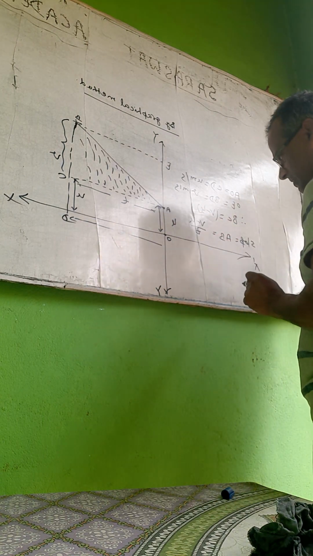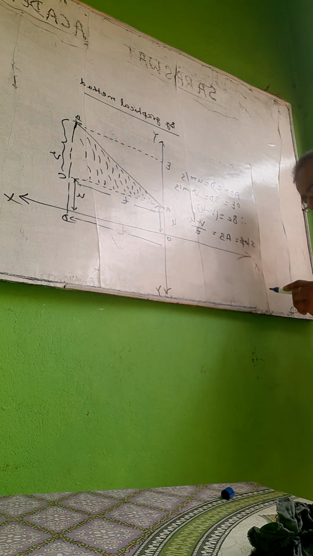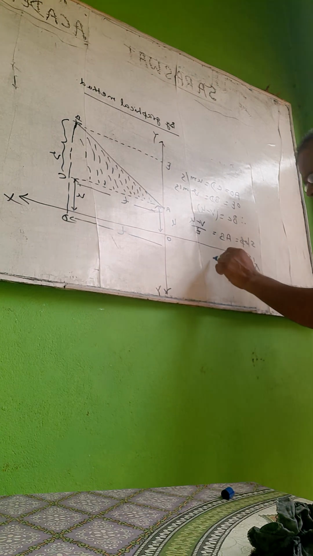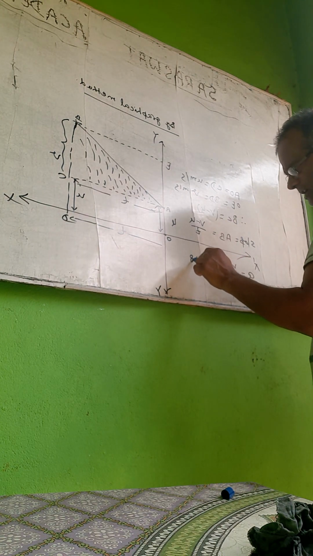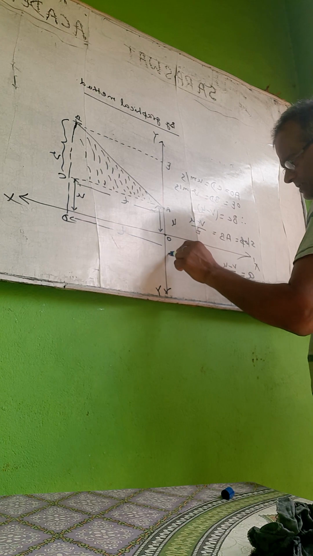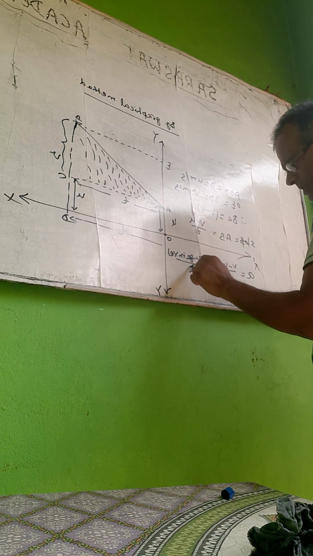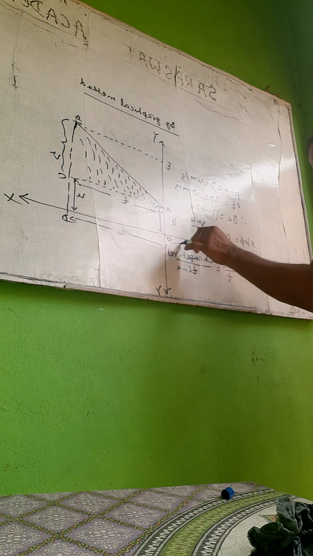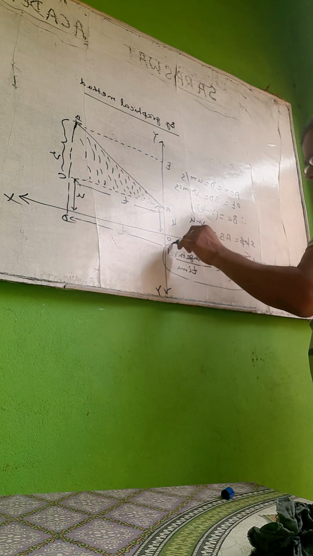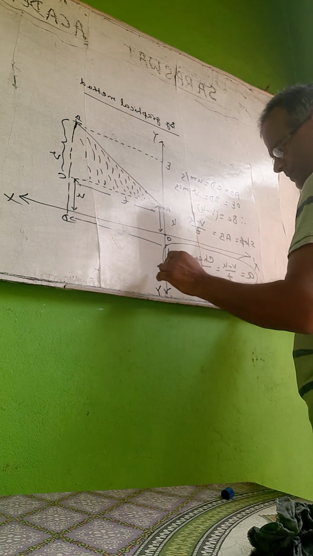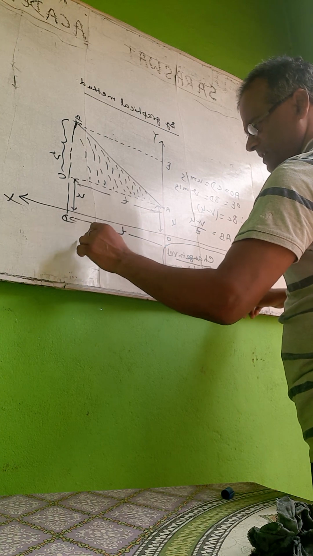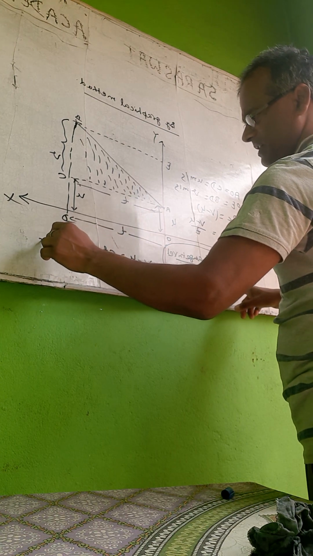But we also know a equal to v minus u by t. This is the change in velocity by time. After multiplying, v minus u equal to at, hence v equal to u plus at.